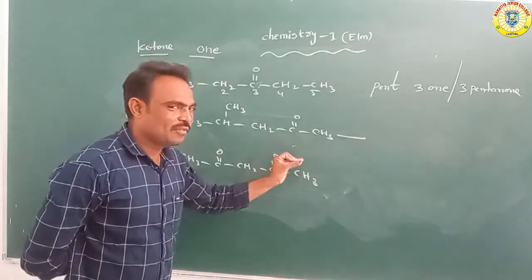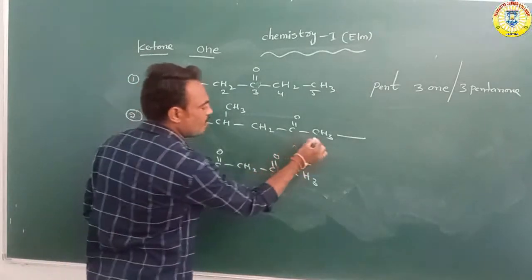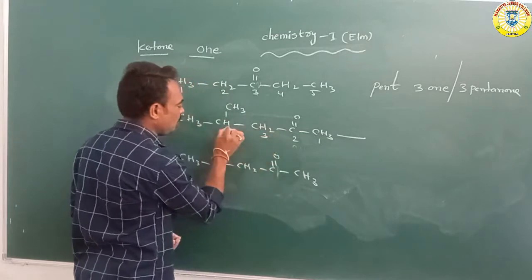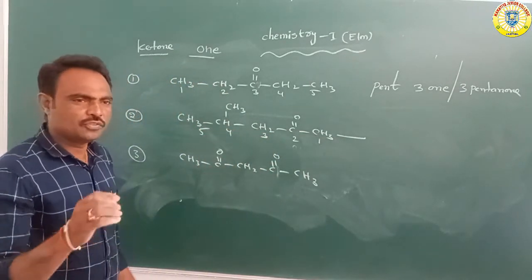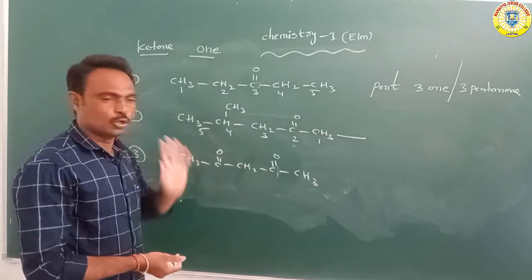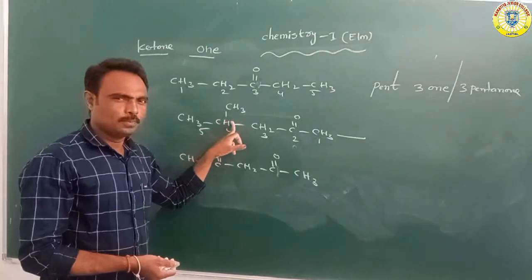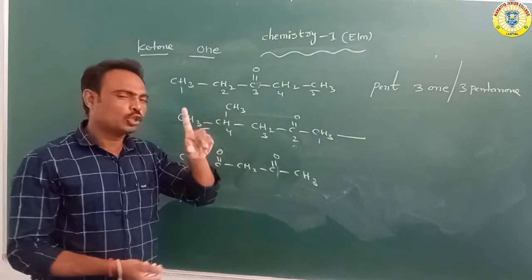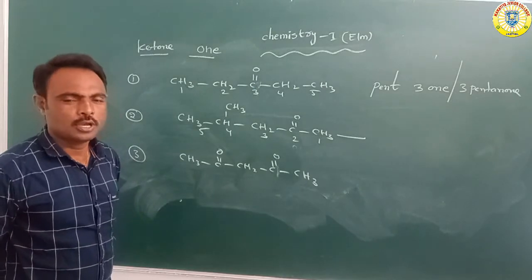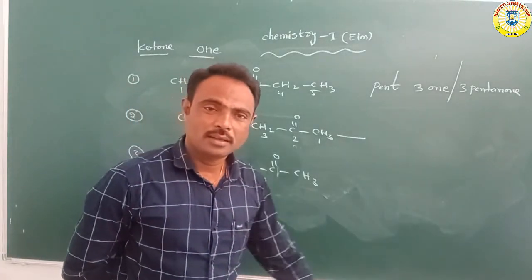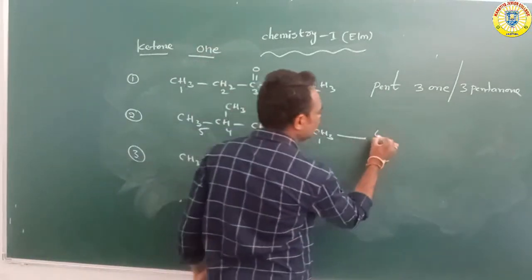So we give the number from the right side, 1, 2, 3, 4, 5. First we write the attached groups. This long chain is attached with a methyl group on the fourth carbon. So first we write that group: 4-methyl.